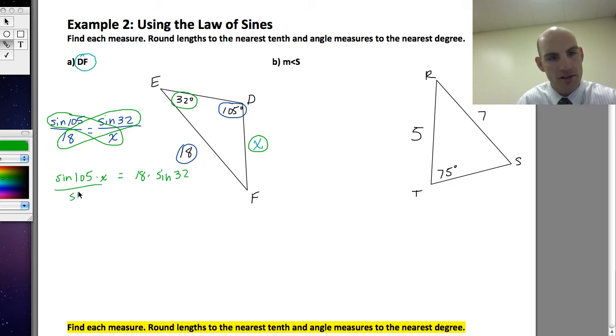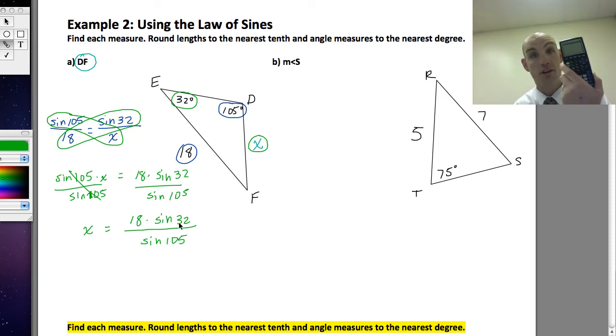If I solve for x, I'm going to divide by sine 105. So x is equal to 18 times sine 32 over sine of 105. Enter calculator.